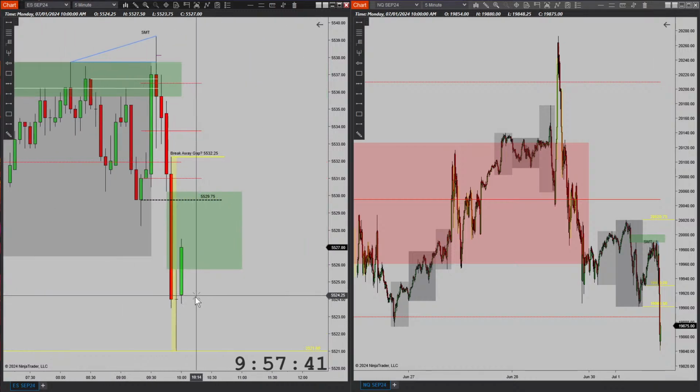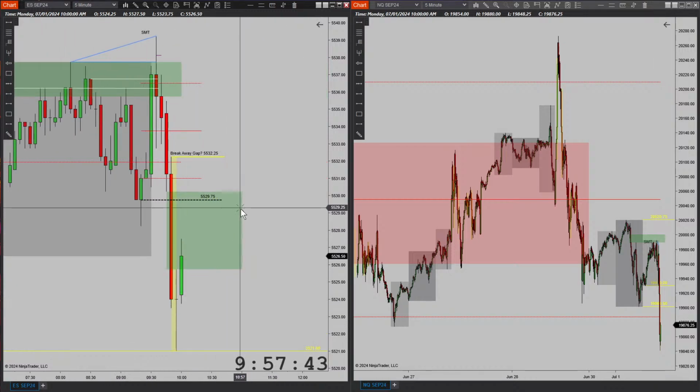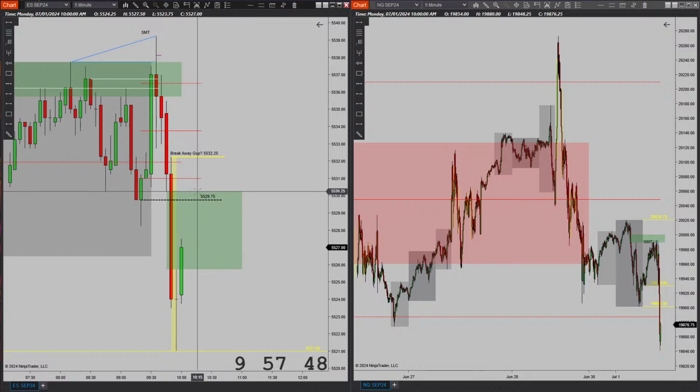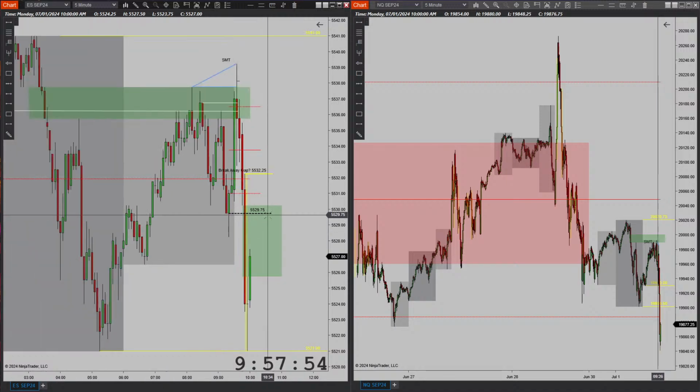Same thing. I want price to retrace, build some liquidity at some highs, at the 5-minute highs or the 15-minute highs, who knows? And then I want price to purge that liquidity going into a macro.